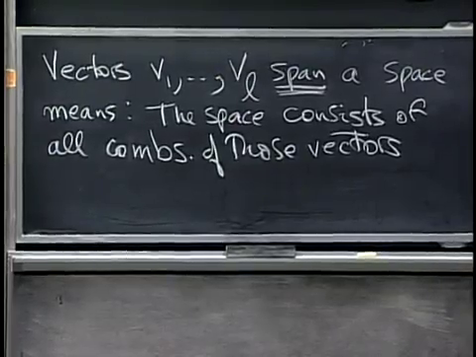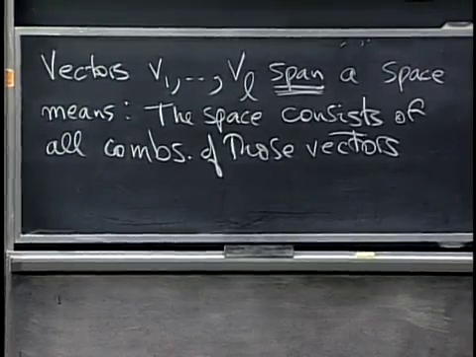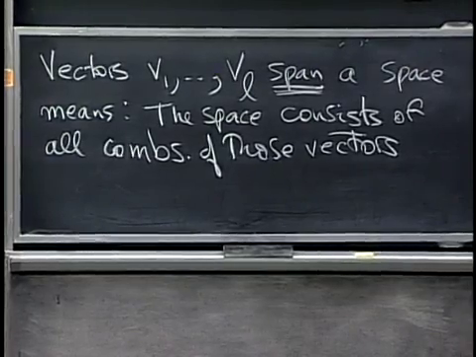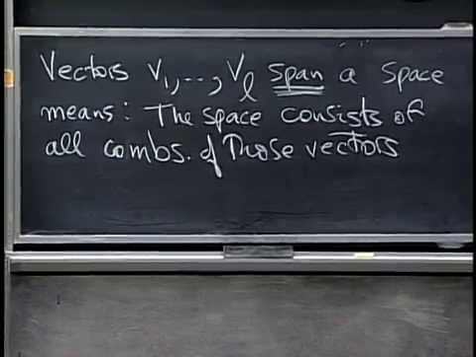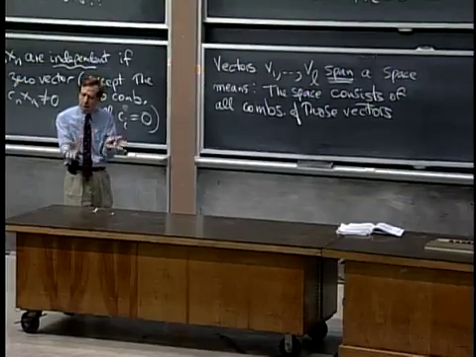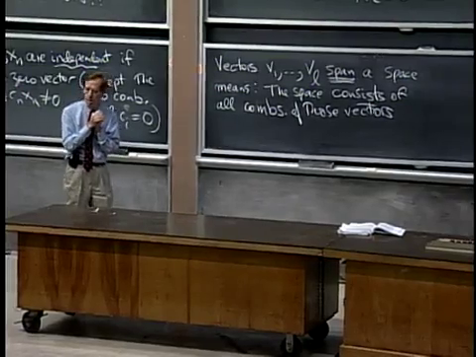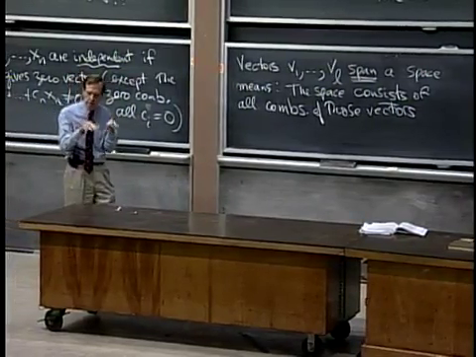Okay. So if I think of the column space of a matrix, I start with the columns. I take all their combinations. That gives me the column space. They span the column space. Now, are they independent? Maybe yes, maybe no. It depends on the particular columns that went into that matrix.